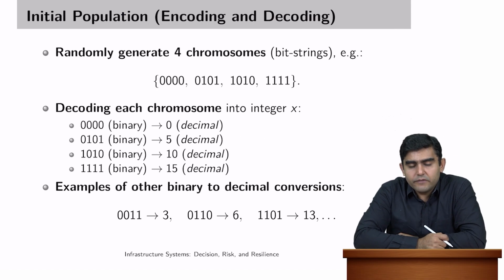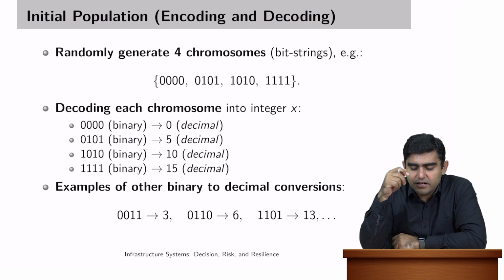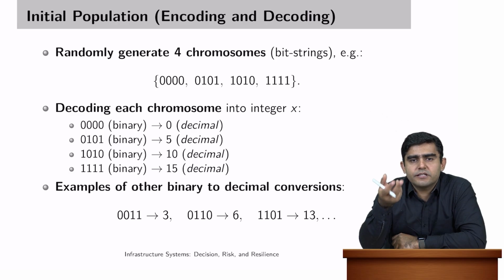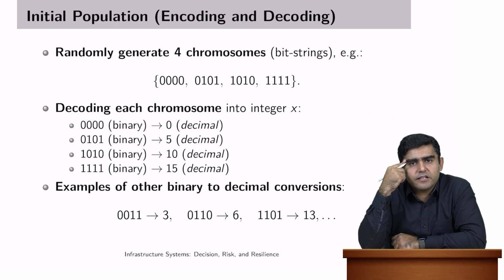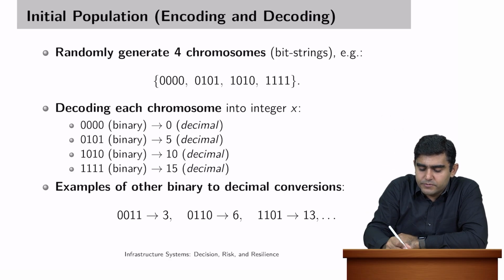So I will follow those 7 steps very systematically, whatever I have discussed in earlier discussions. I will initialize 4 chromosomes. I can also initialize 10, I can also initialize 5, etc., but it's a very small toy example. So let's keep our numbers fairly small to get a full sense of how these numbers change or evolve over time. I generate 4 chromosomes randomly: 0000, 0101, 1010, 1111.